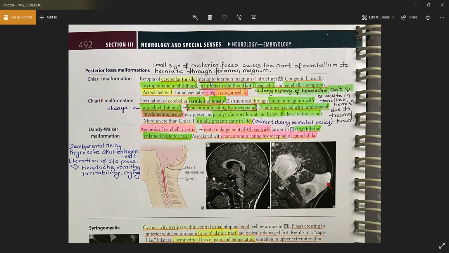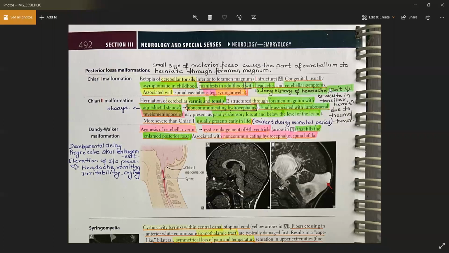And what symptoms will you get because of the decrease in brain capacity? Because of the decrease in capacity, you'll have an increase in pressure there. Because of that, the patient can have a history of headaches. Because of the herniation and compression of the spinal cord, the patient can get gait abnormalities. The symptoms will be very episodic.